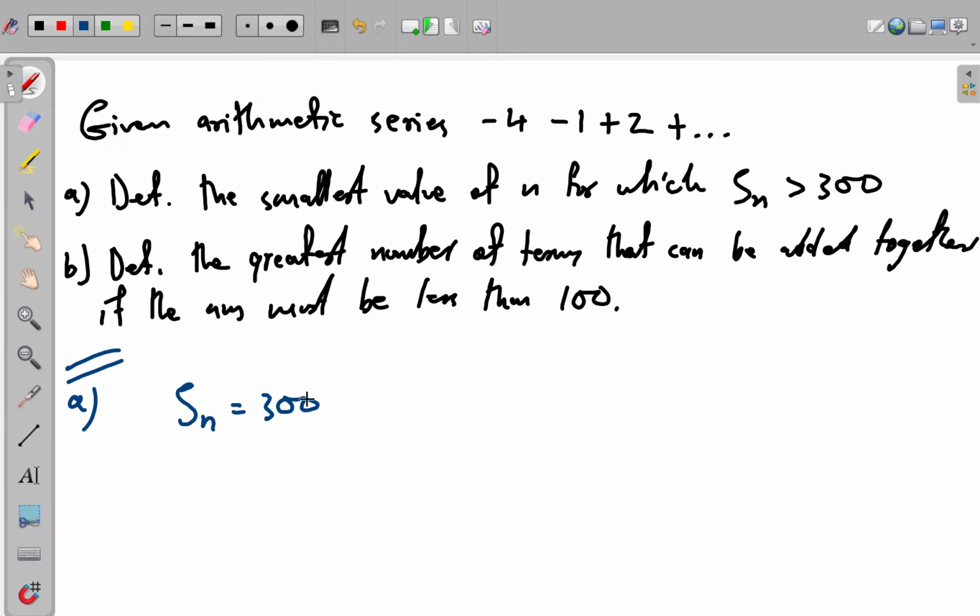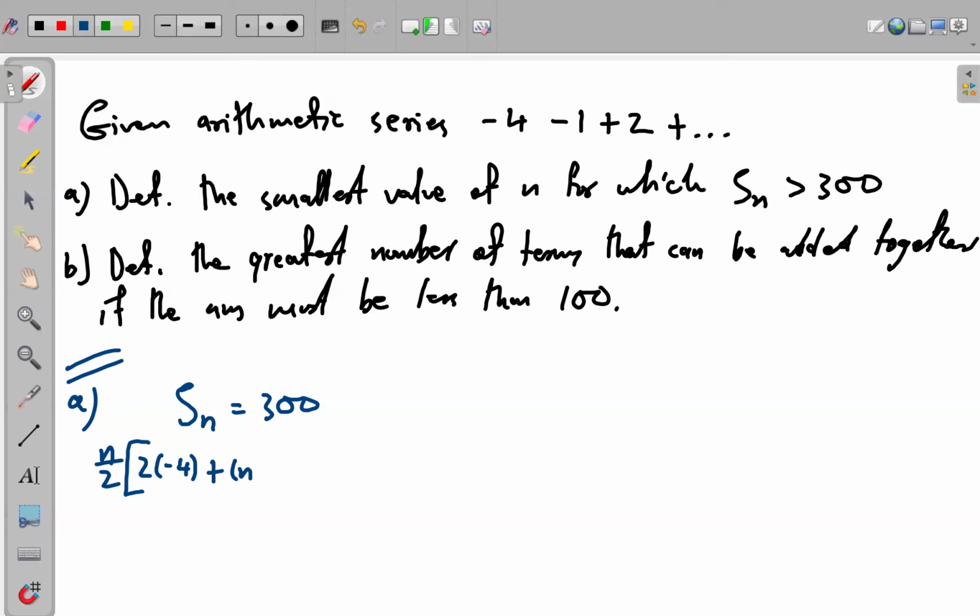So now we're looking for n, obviously, so we don't have the last term, so we're going to have to use the other formula. Take note, I am not rewriting the formula, I'm just substituting right away. This step is also not that important. It is just for me to know what I'm doing here.